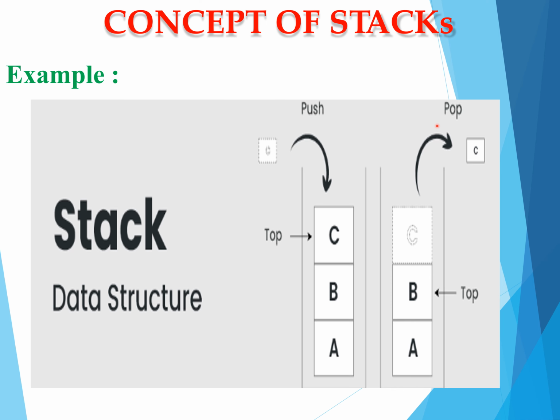So we just use the pop operation to pop the element from the top. So insertion and removal, both operations are done using the top of the stack. Now, after removing C in the second diagram, the top will be pointing to the last element in the stack, that is nothing but B.